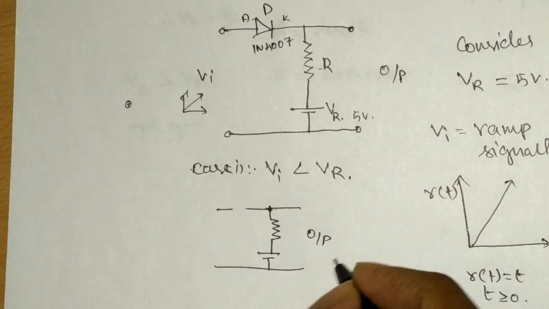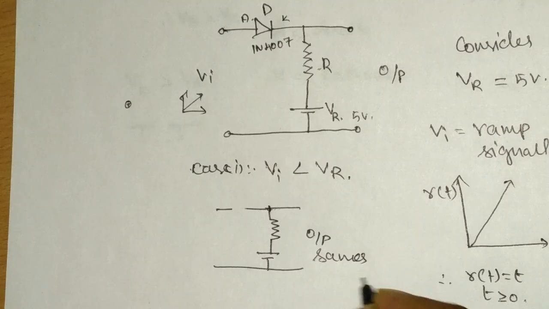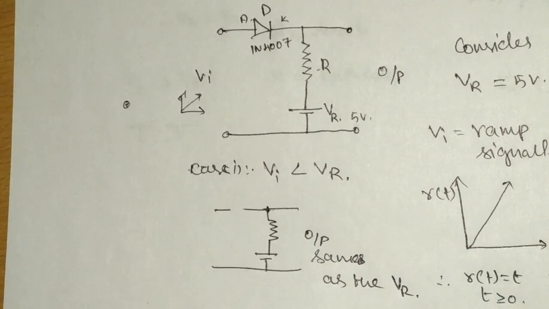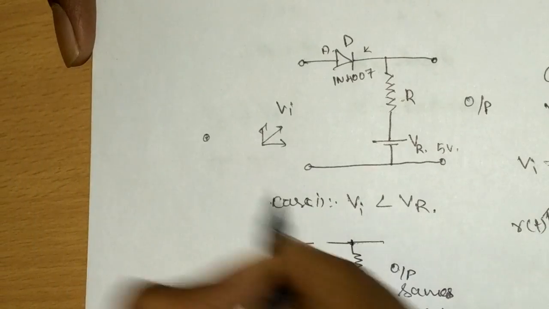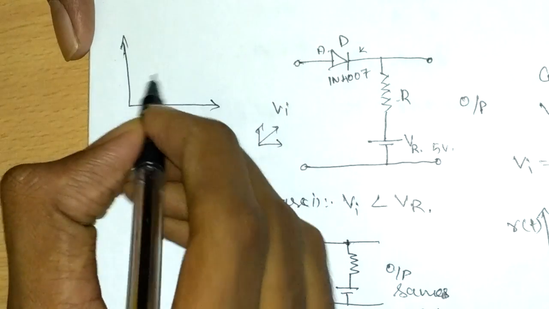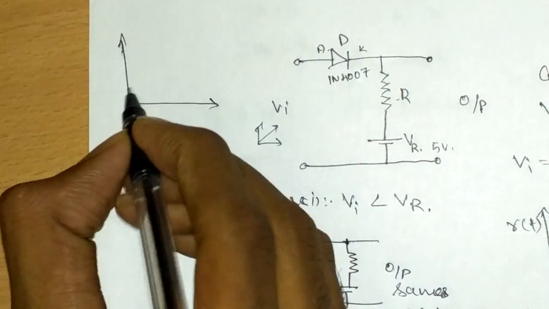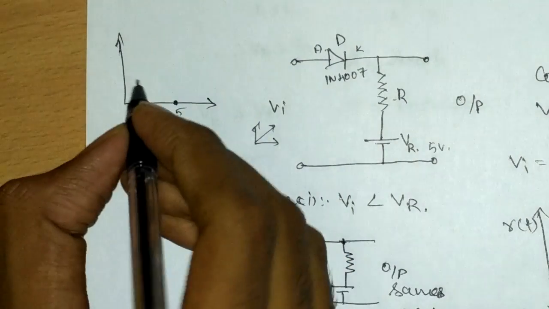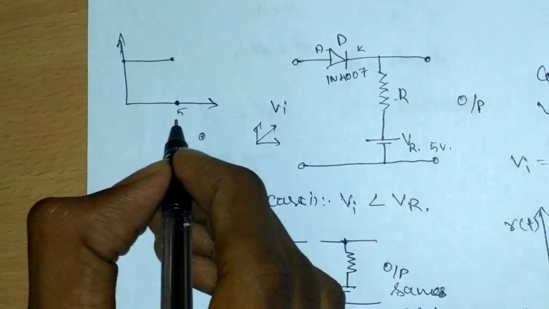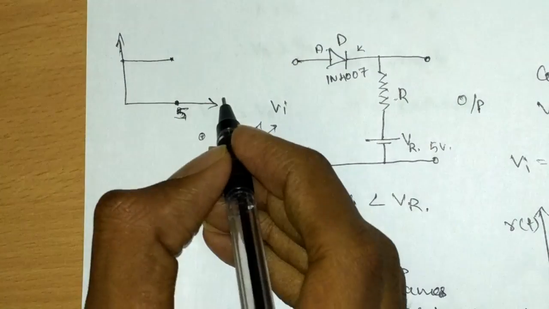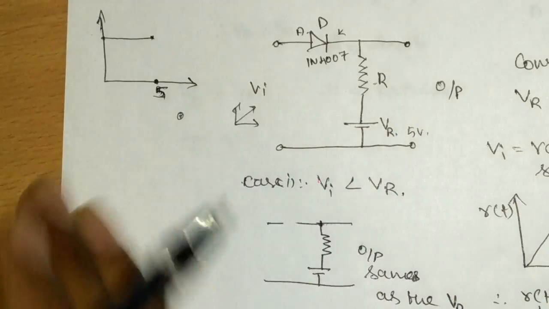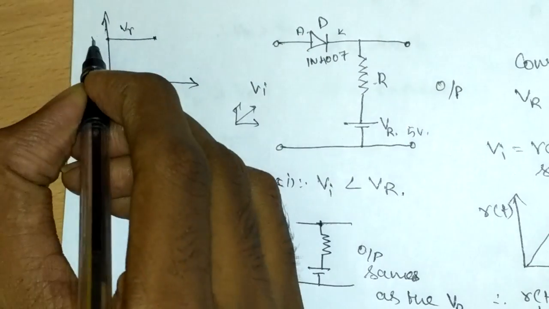Therefore, the output will be the same as VR, a constant DC level of 5 volt. Until time 5, the output will be 5, because r(t) equals t. So the VR level is maintained.